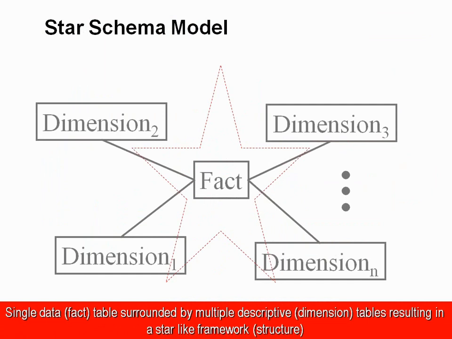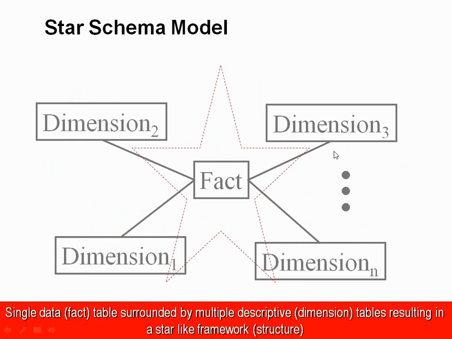When you are creating the tables and building the model, in the star schema every dimension table will be completely denormalized. If you see here, we have one fact table surrounded by dimension tables, but after each dimension there are no other tables related to it.